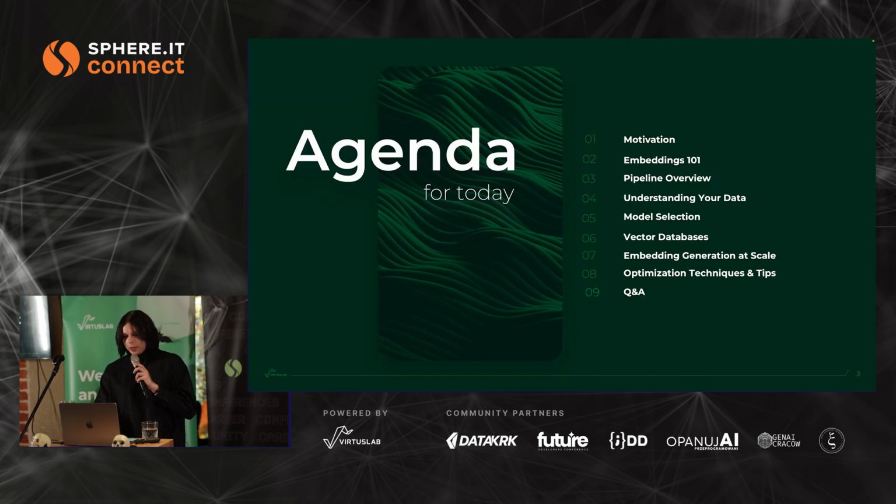So we're going to go through embeddings 101 to explain what embeddings are in general, the pipeline overview for generating embeddings at scale, the importance of understanding your data, which drives the model selection, and a little bit about vector databases. They are not really crucial for this talk because we're focusing on embedding generation at scale, and also some optimization techniques and tips.